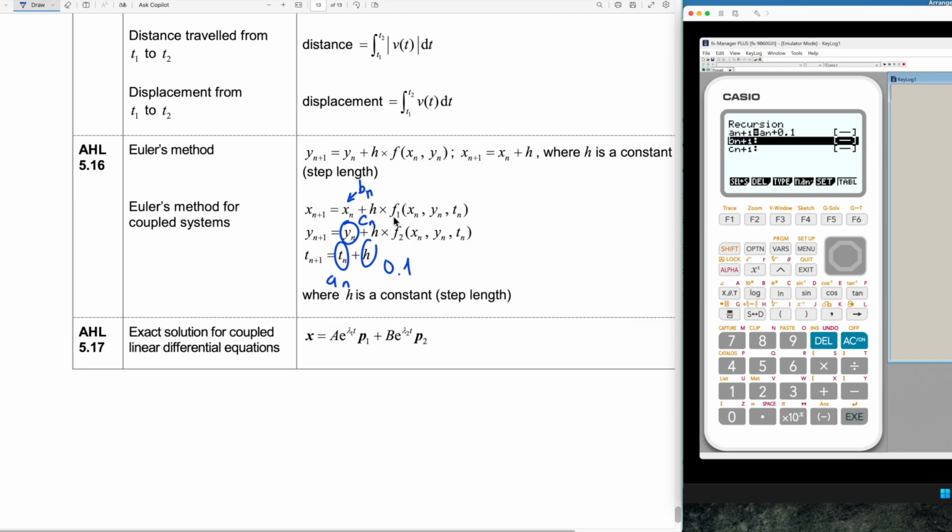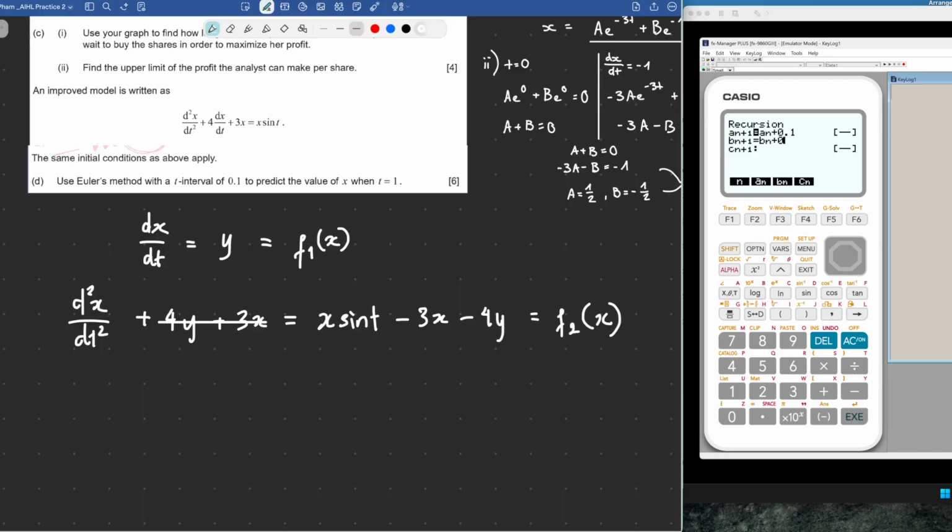Then bn plus 1, the next step, is bn plus h, the step 0.1, times the first function. The first function f1 is simply y, which means cn.